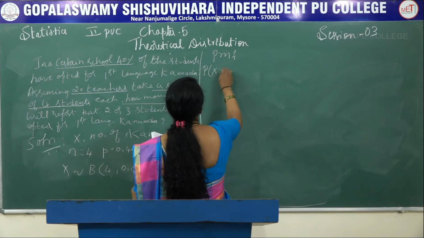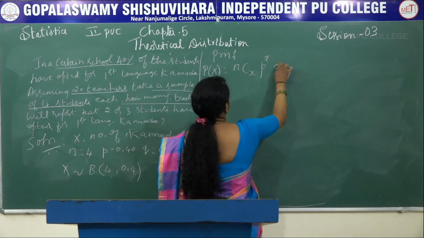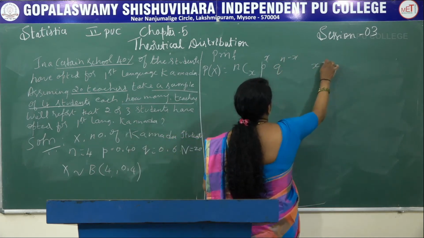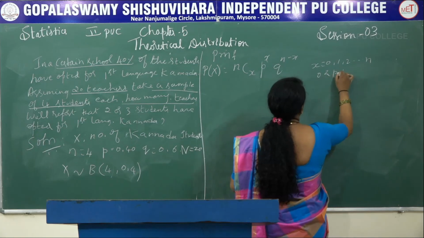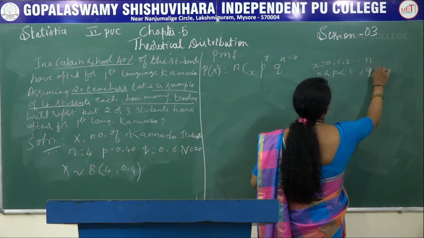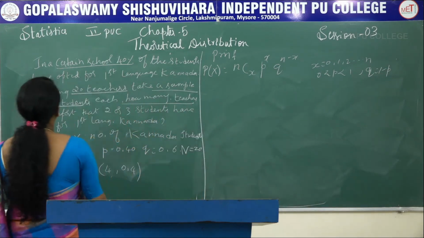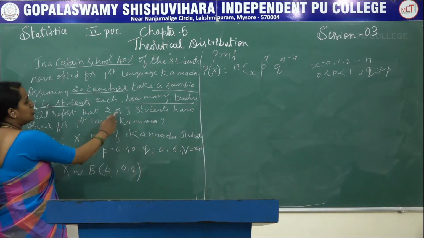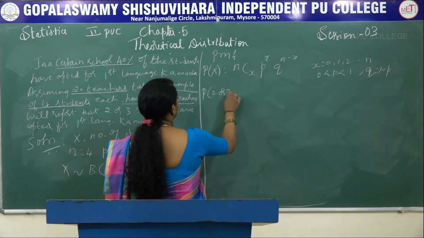P of X equals nCx p to the power x, q to the power n minus x, where X takes the values 0, 1, 2, up to n, 0 less than p less than 1, and q is 1 minus p. Here we want the probability of 2 or 3 students.